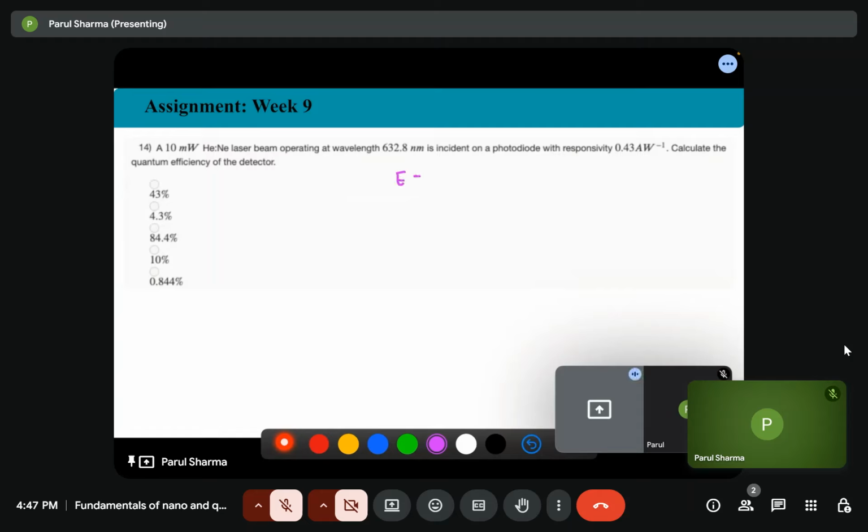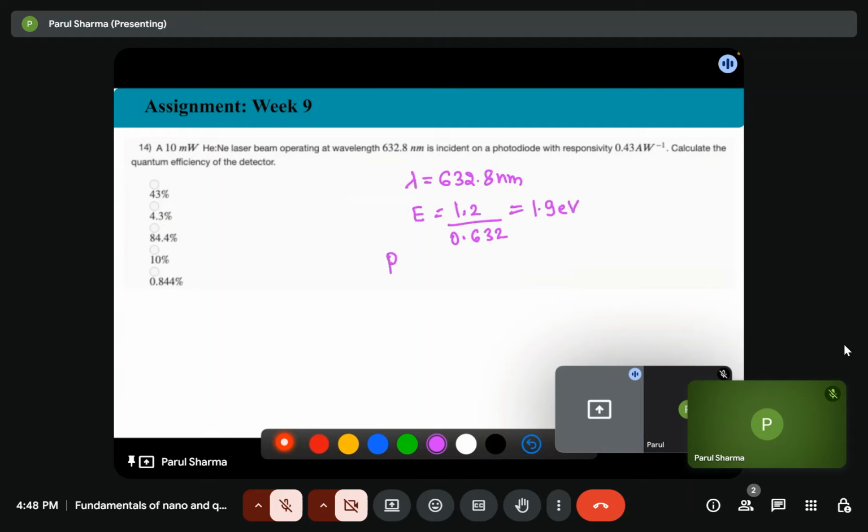So lambda is 632.8 nanometer. E will be 1.2 by 0.632, which is equal to 1.9 electron volt.